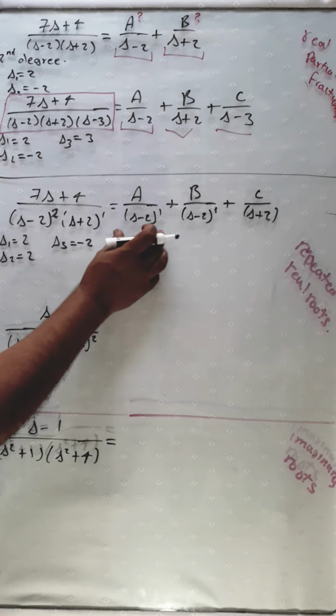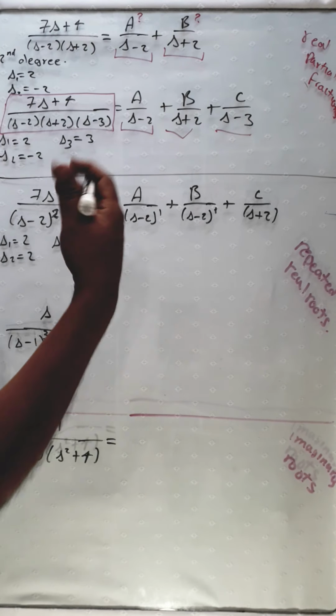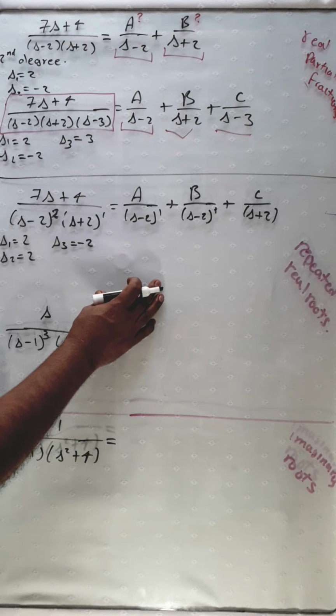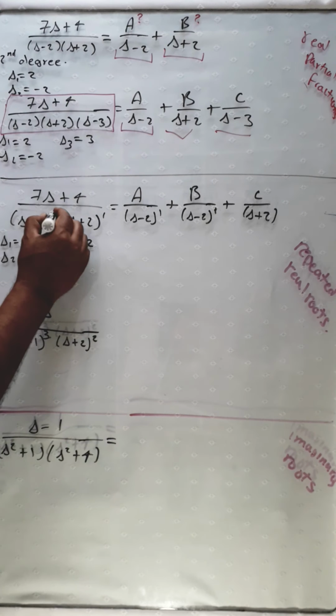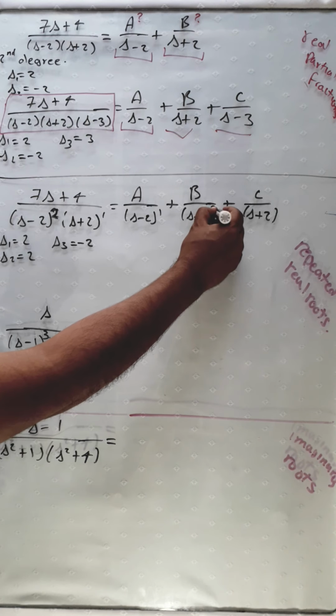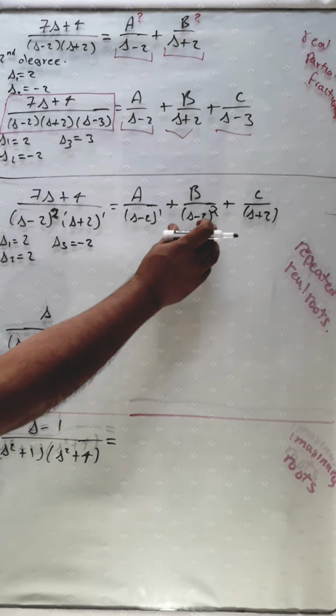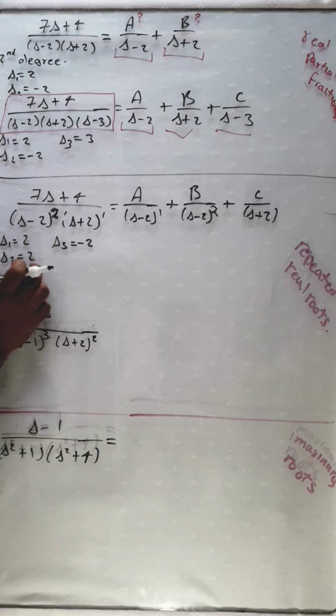And because you have the same partial fraction, there is no need to write a and b, it's just one single partial fraction. But that is not sufficient because you need second degree. So that is why you write the second power here. You have to complete the polynomial, the first power 1 and the other one power 2 for the second root. And this is the partial fractions for this repeated root.